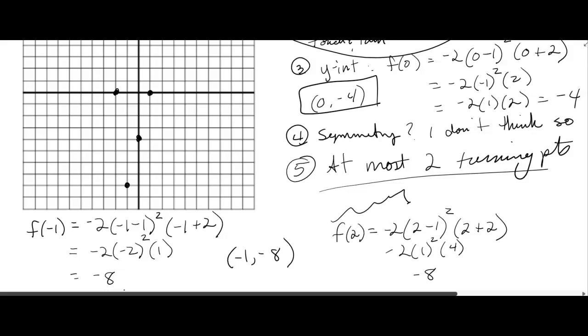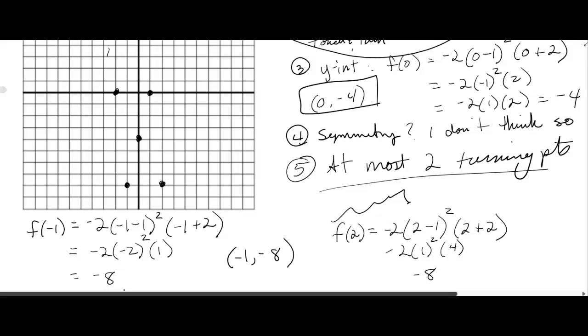That's also going to be -8, so that's kind of interesting. It's not a symmetric thing, it just happens to work out that way. That's about as many points as I want to find. Probably more than that, they're going to be really large or really small. I wouldn't spend too much time finding a lot of points, but I found a couple, probably more than usual.